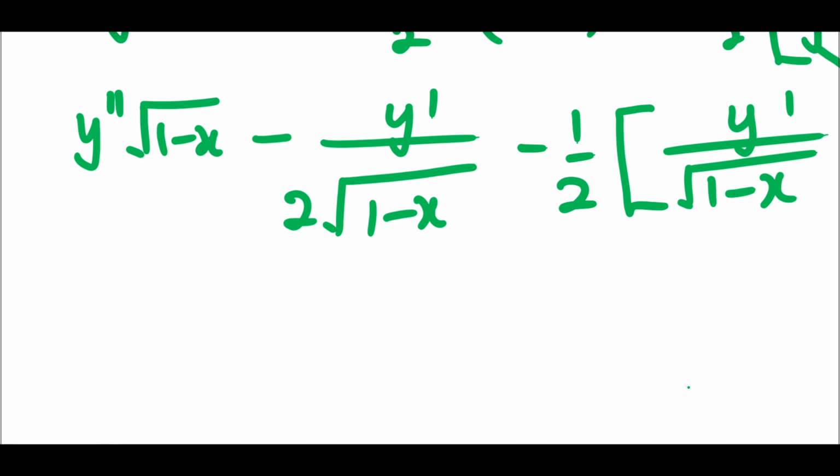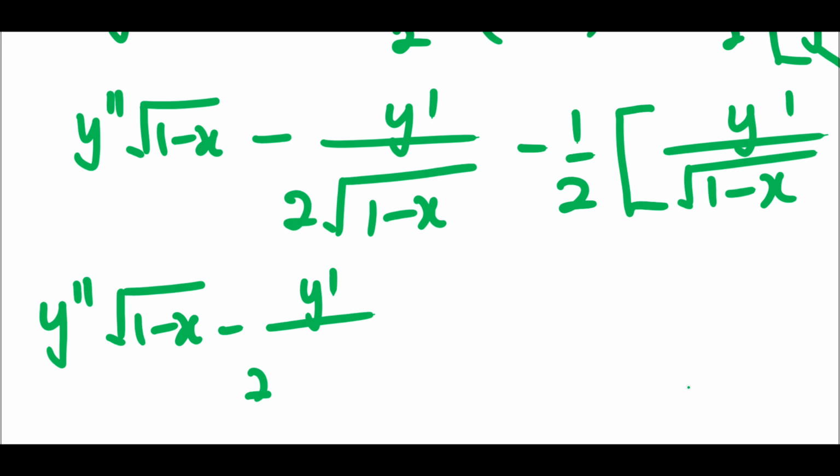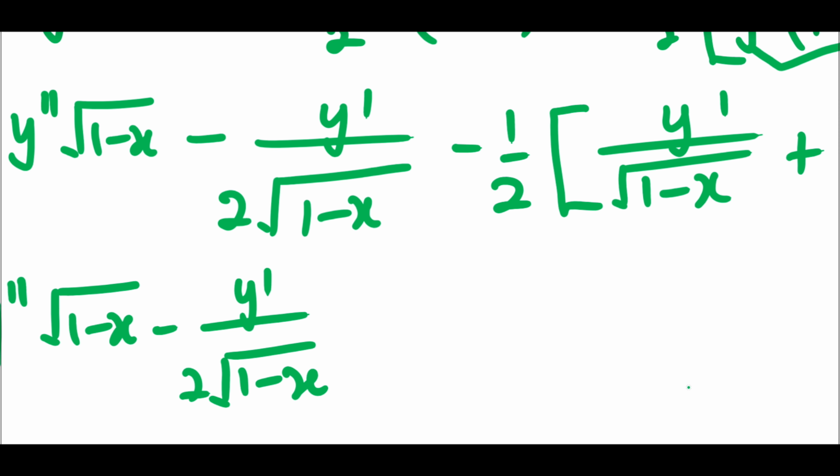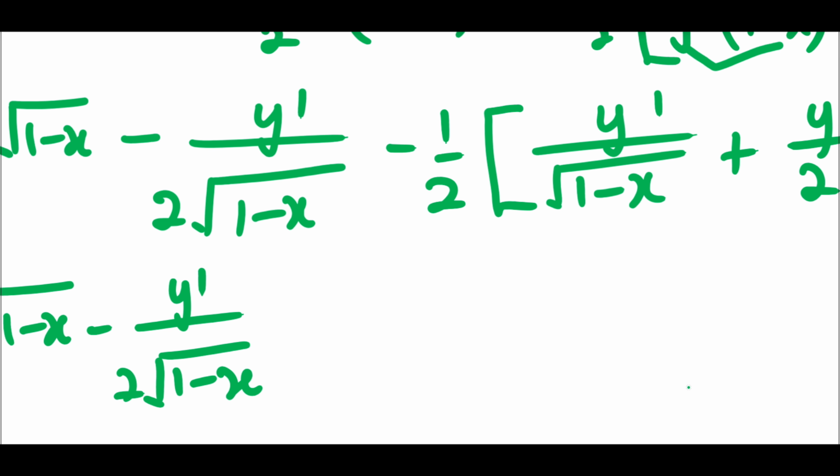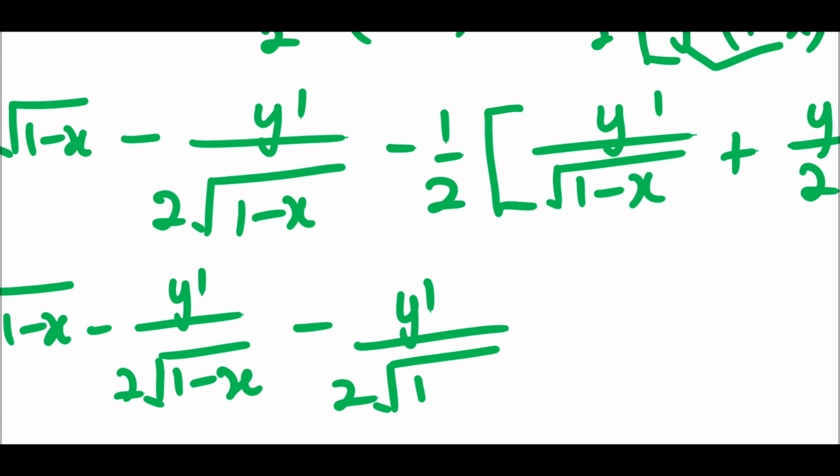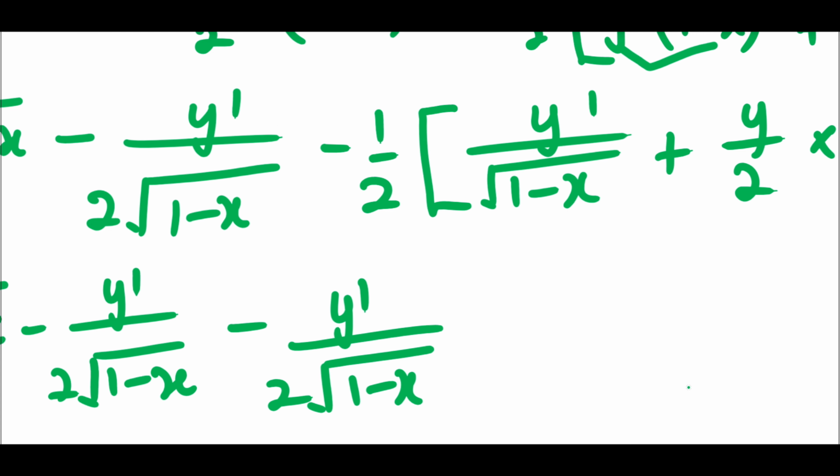So we continue. So here we have our y prime prime multiplying the square root of 1 minus x, then minus y prime over 2 multiplying the square root of 1 minus x. And here too, we can expand the bracket. We are going to get minus y prime over 2 multiplying the square root of 1 minus x. All right.